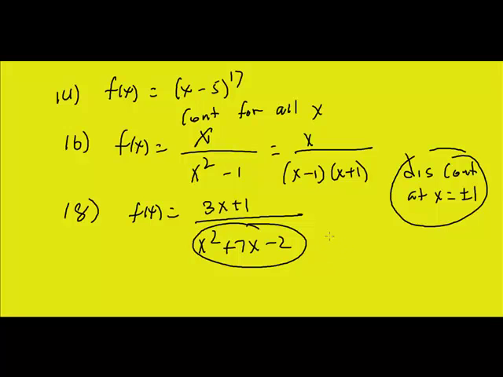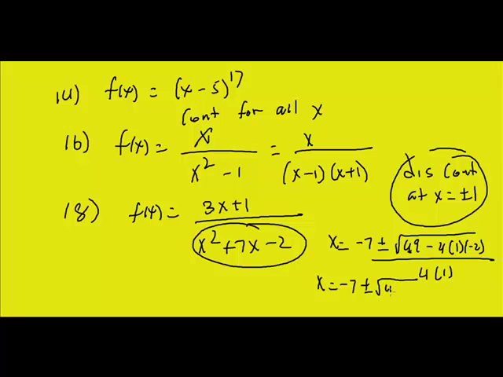Negative b, which is negative 7, plus or minus the square root of b squared, 7 squared, which is 49, minus 4 times a, which is 1, times c, negative 2, all that over 2 times a, which is 2. So I'm going to get x is equal to negative 7 plus or minus the square root of 49 plus 8, all that over 2, which simplifies to negative 7 plus or minus the square root of 57 over 2.